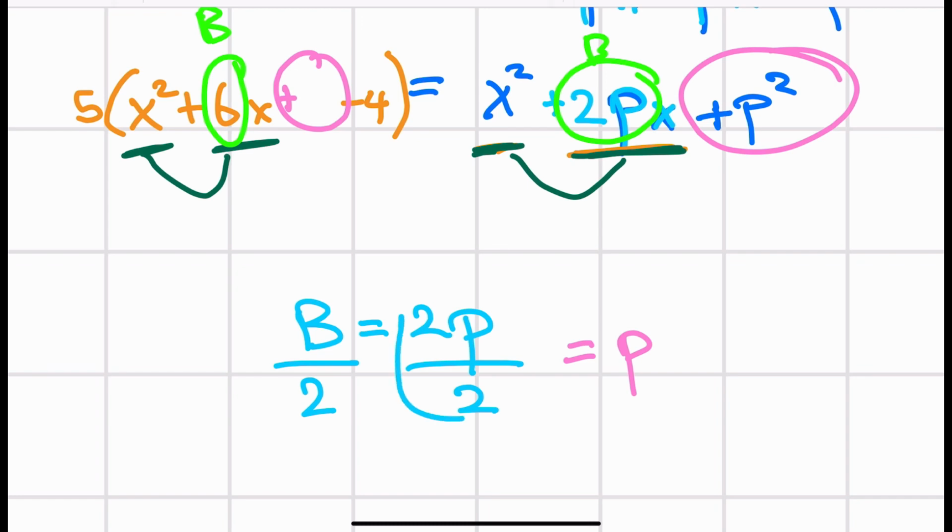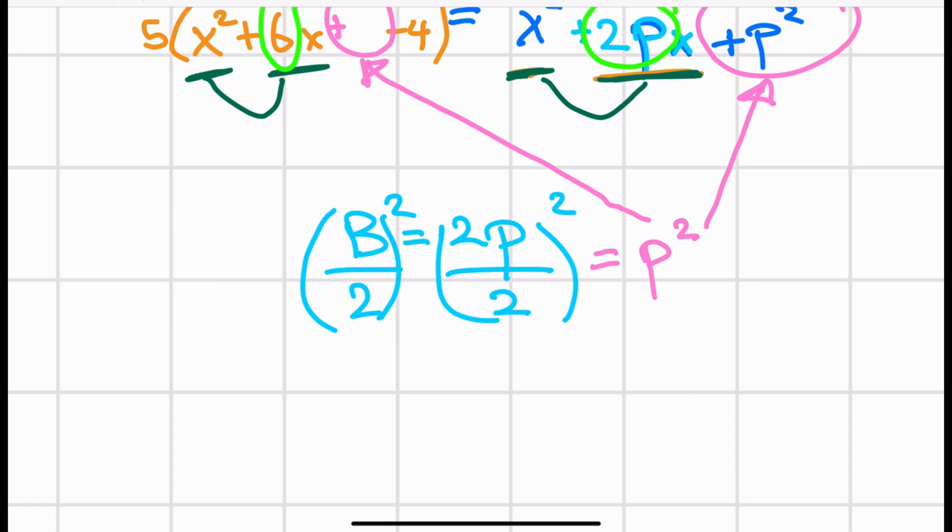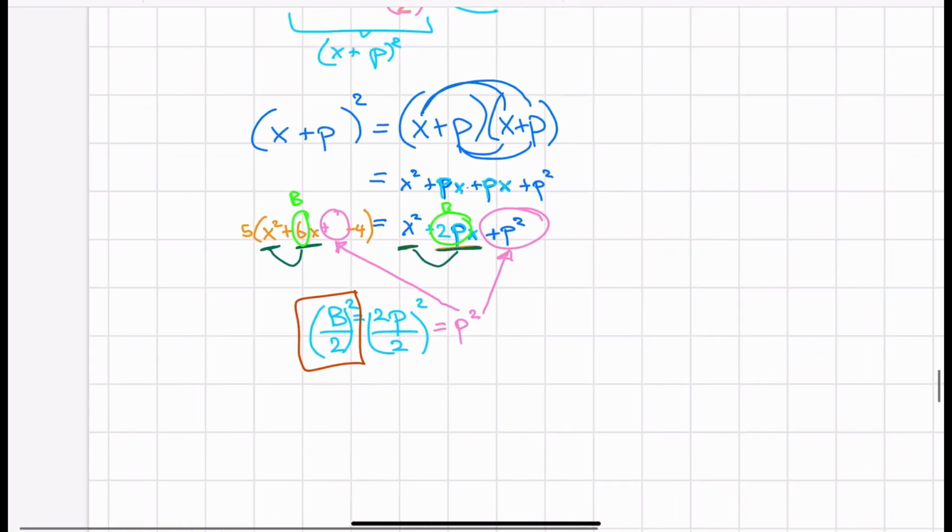And then I square this, then I'll be left with p squared. And that is the same as this third term we were trying to find and add into our equation in order to make a perfect square. So guys, that's where b divided by 2 squared comes from.